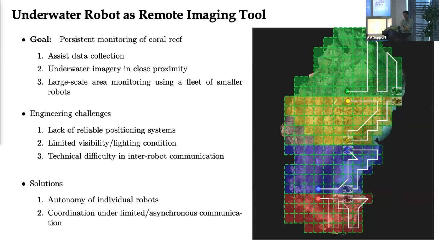If you try to send image data, that might not be transferable because it's a huge amount of data. Asynchronous communication is another challenge in underwater robots. Say I want to transmit something to my neighbors, but sometimes the transmission does not happen, or the transmission would interfere with the other robots' communication. So we are trying to come up with a simple algorithm for the coordination, but mostly leverage the autonomy, the capability of the individual robots.